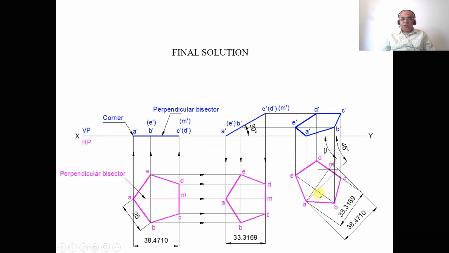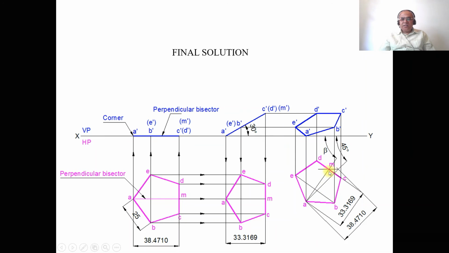Then since it is the true inclination line, you have to take the true length of the perpendicular bisector. The true length of the perpendicular bisector will be here or also here. Both will have the same distance. So by using the compass, you measure the distance from A to M of the first position top view, and with A as center cut on the 45 degree line. So you will get this line here.